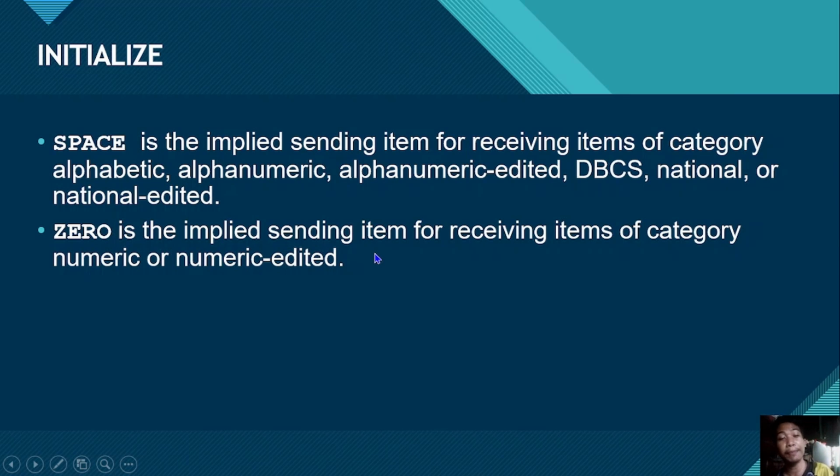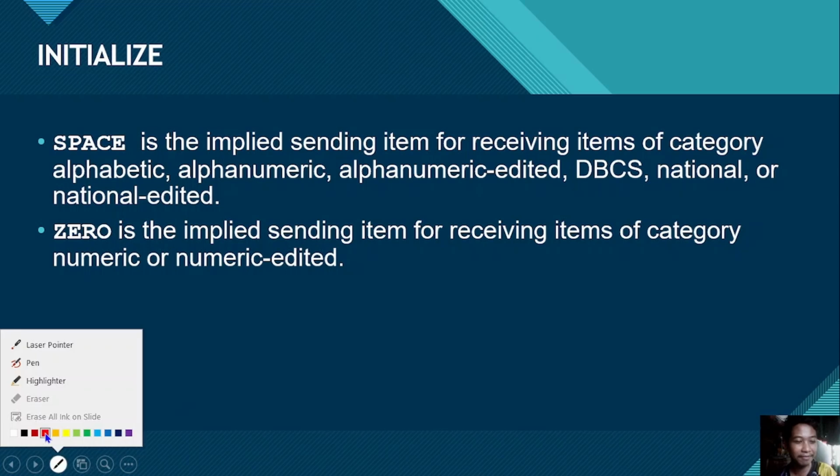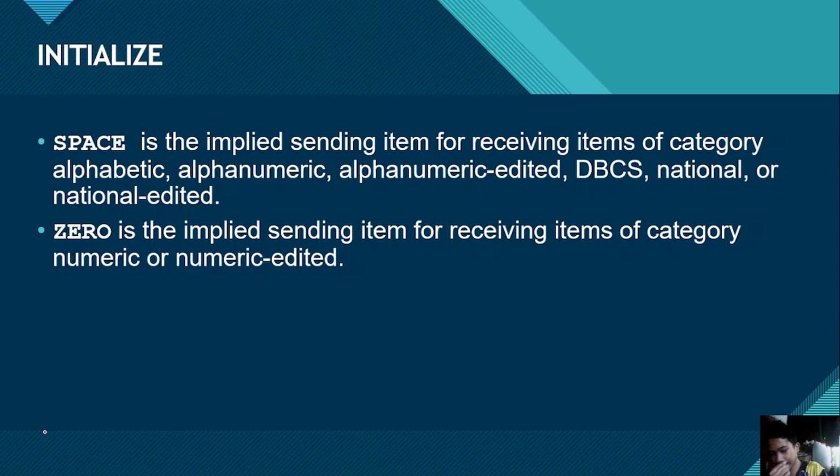So space is the implied sending item for receiving items of category alphanumeric, alphanumeric edited, DBCS, national, or national edited.